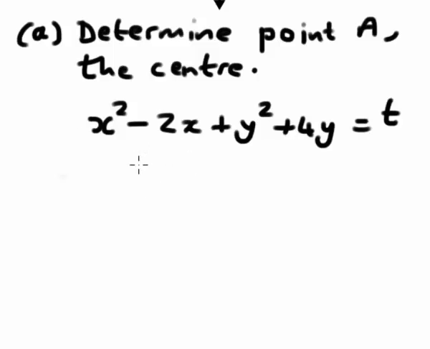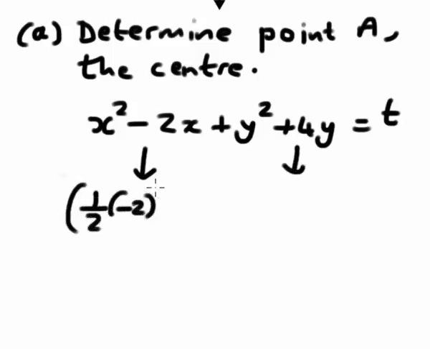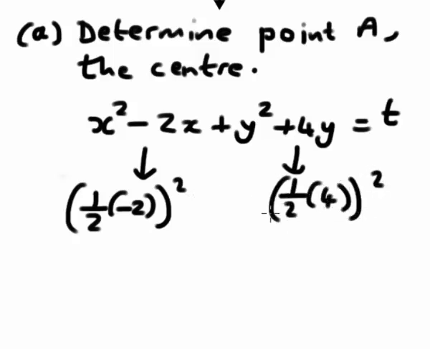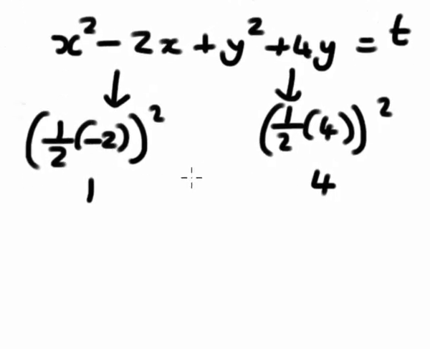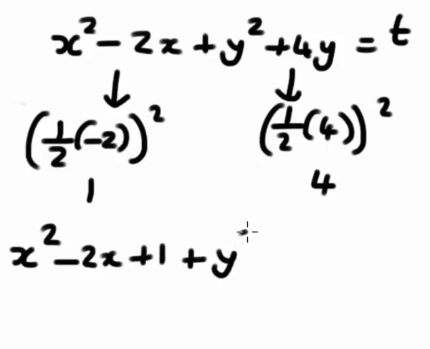What is half the coefficient of x, all squared, and half the coefficient of y, all squared? Half of negative 2 is negative 1, squared is 1. Half of 4 is 2, 2 squared is 4. So we add these numbers to the left and right. We've got x squared minus 2x, we plonk in 1, then y squared plus 4y, and we add 4 there.